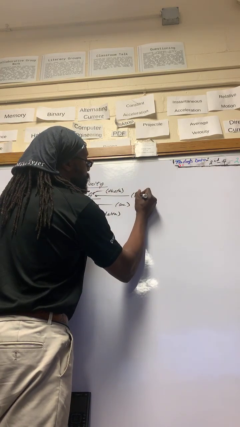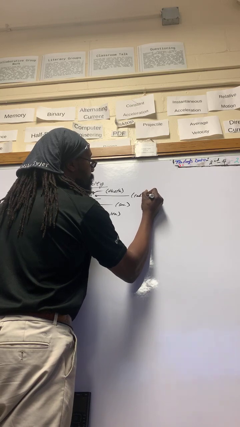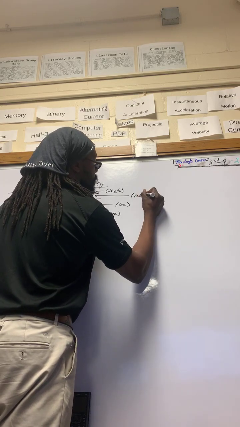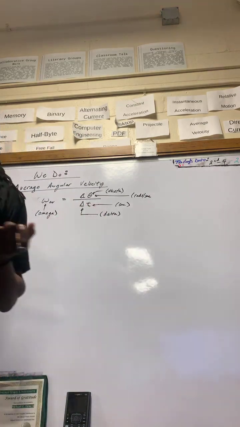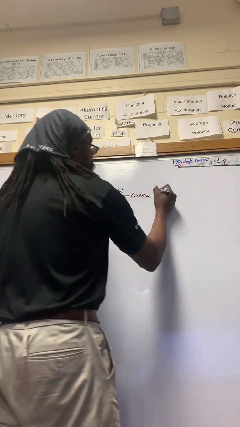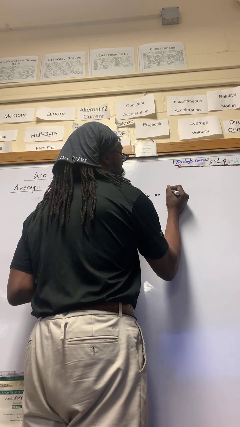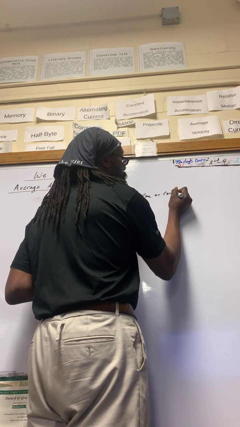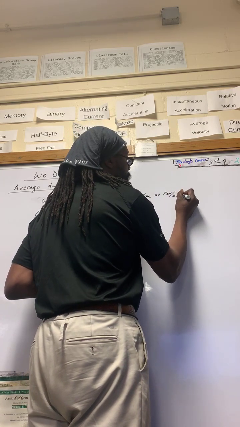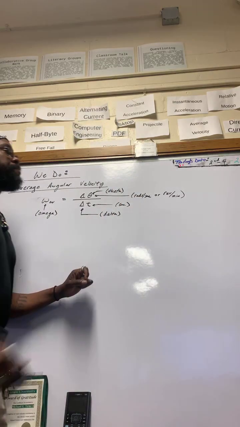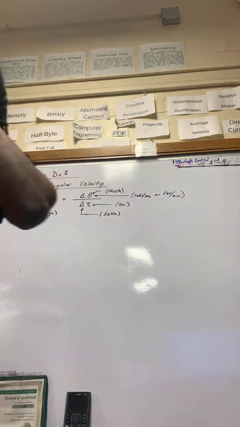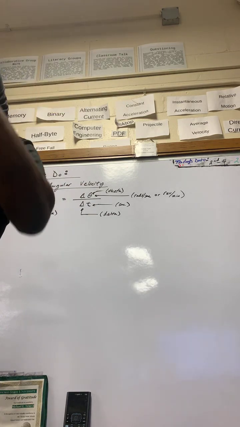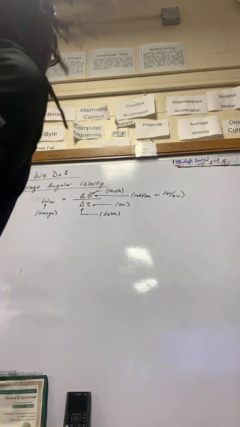One is radians, or rads per second, which means rads is a short way of saying radians. Or you can measure it in revolutions per minute, or RPM. I know you've seen RPMs when you're driving your car. You see the dial go up, that's what RPM means.